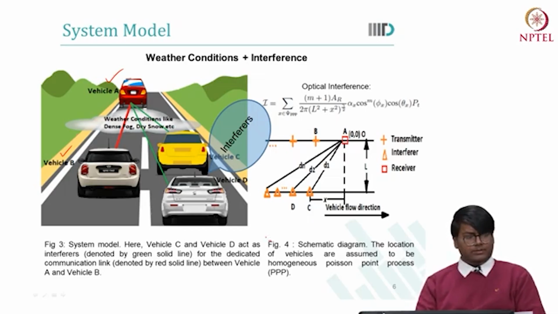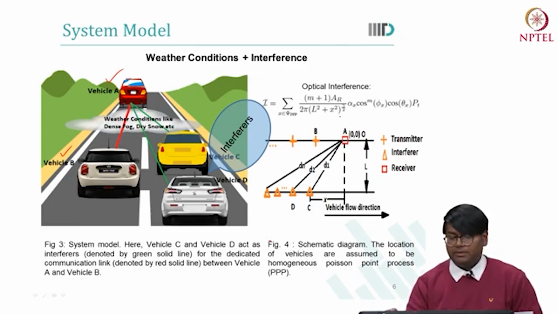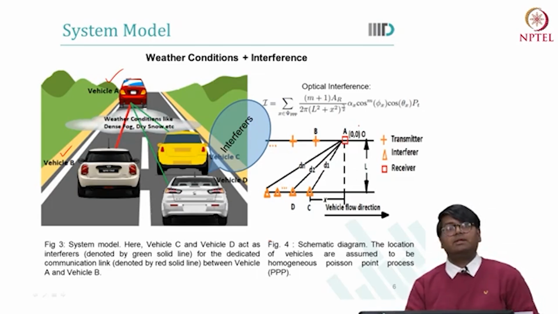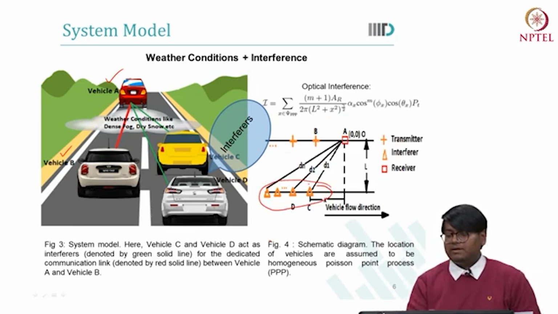It is assumed that vehicle A is located at the origin O. So this is my receiver, which is assumed to be located at the origin, and this is my other vehicle B which is trying to communicate, and these are my interferers which are responsible for causing interference to my desired communication link between A and B.